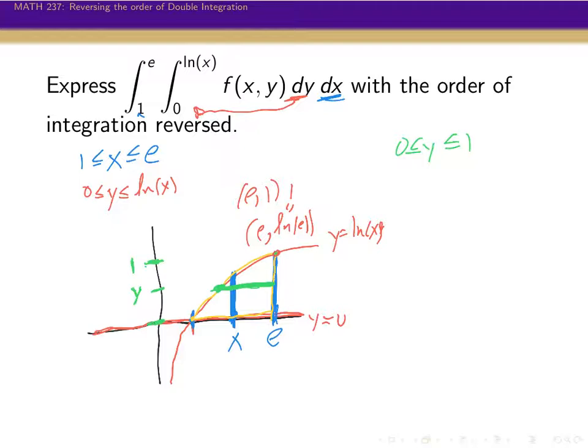So the inverse of y equals natural log of x, inverting this, is going to be x equals e to the y, right? Because e to the x and natural log of x are inverse functions. And so that's our starting x value. So the x values start at e to the y, and they go out until we hit this vertical line at x equals e.